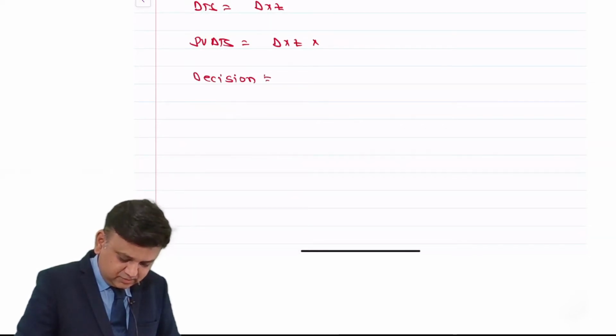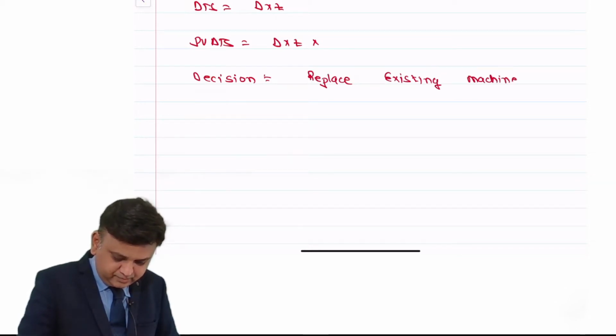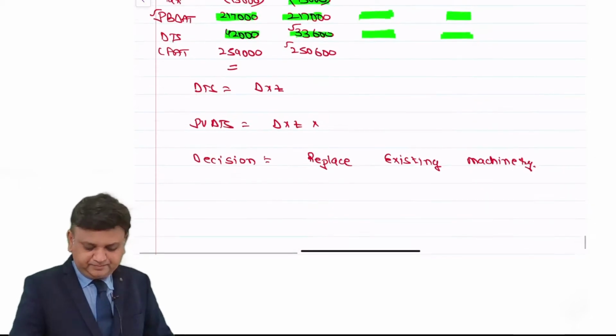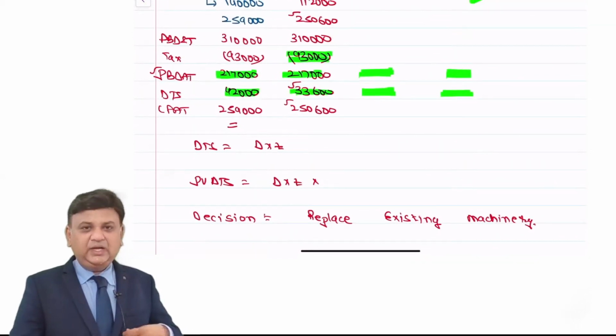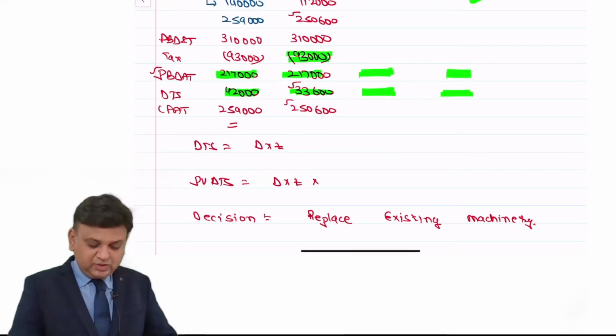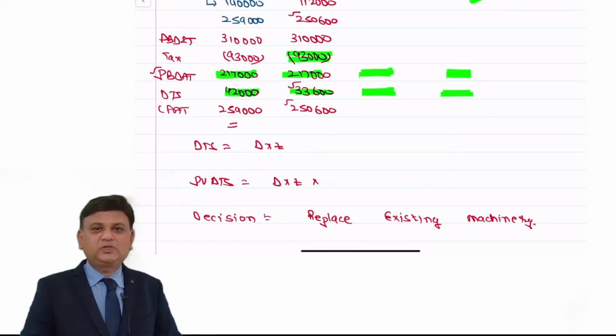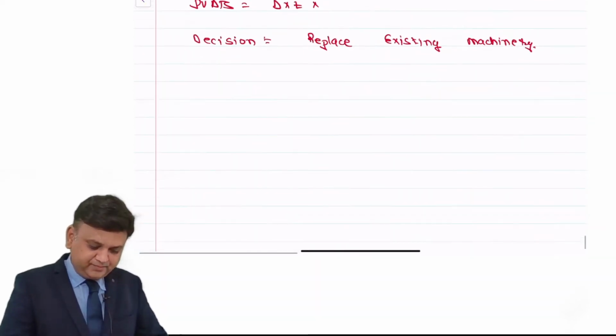Decision is: replace existing machinery. Full stop. And friends, the reason that I do it with both methods is to give you conceptual clarity. Doing only with the incremental approach may not give you that confidence. That is the reason I have done it by both methods.